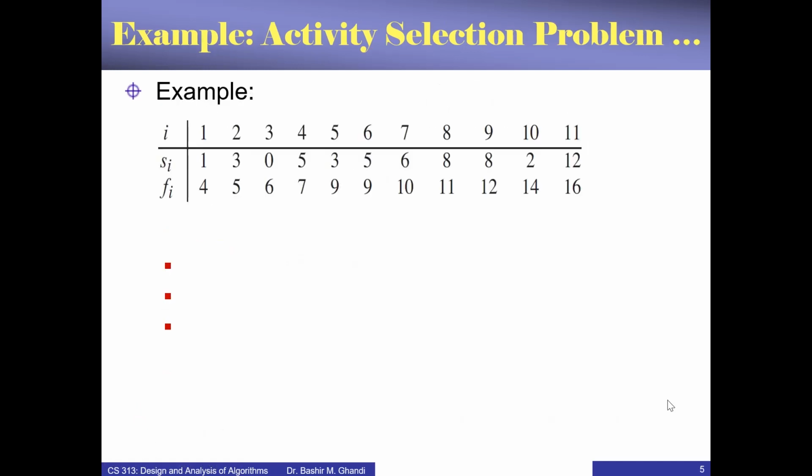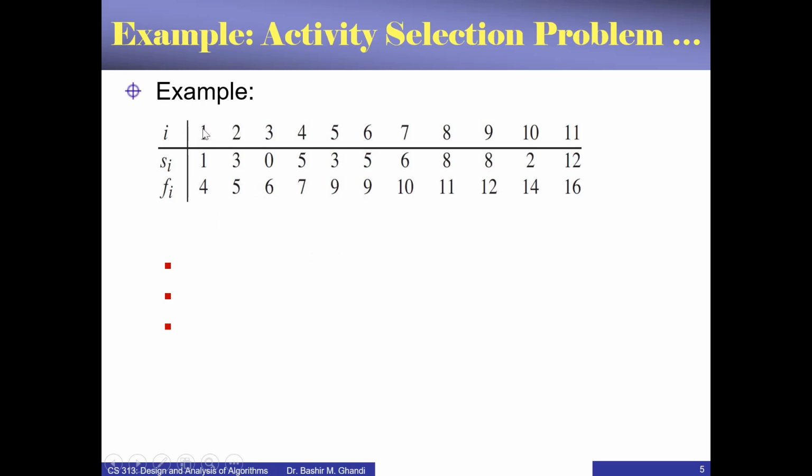Let's take an example just to again clarify what the activity selection problem actually means. Suppose you have these 11 activities to be done, and these are the starting times and these are the finishing times.